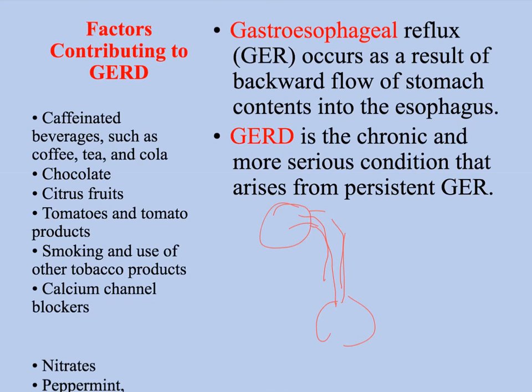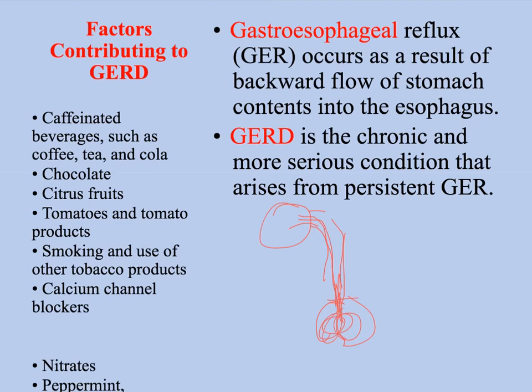Gastroesophageal reflux disease is when the contents that reach the stomach backflow, and that can cause a problem. That can cause irritation and corrosive damage to the esophagus. What typically works to make sure that what we take in flows forward through the gastrointestinal system are sphincters.